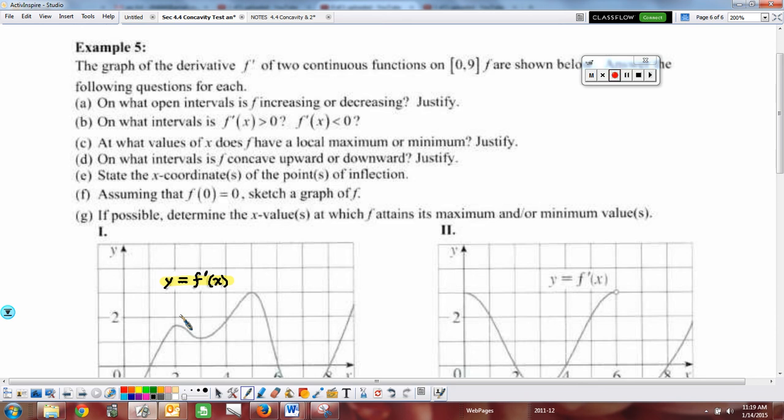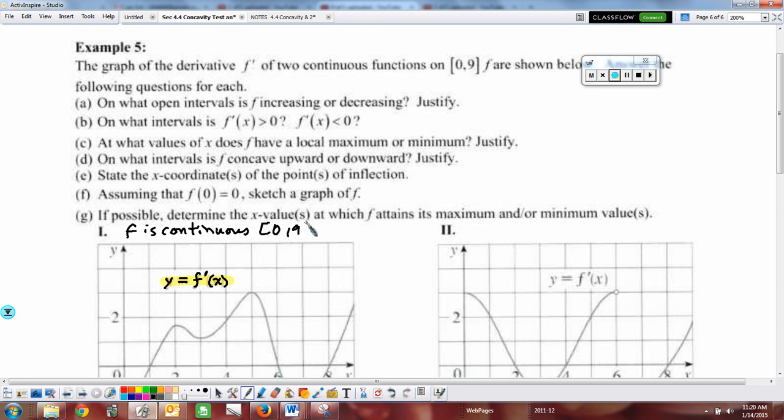Okay, so let's come up here to A. First of all, let's read the given, because that's always important. We have the derivatives given of two continuous functions. So the function f is continuous for the picture that we have here, which is 0 to 9.